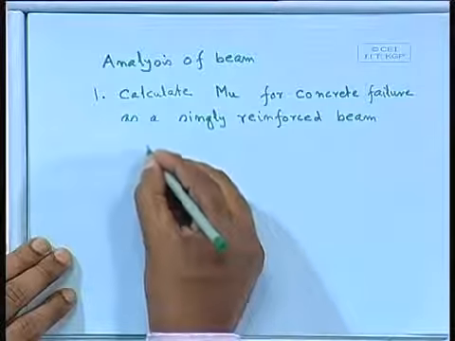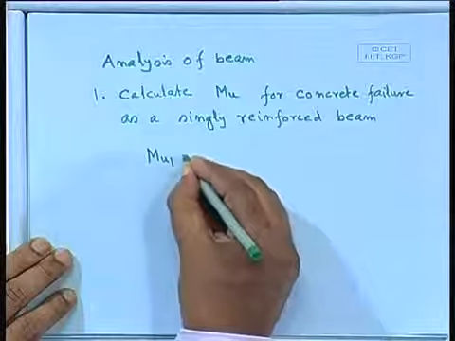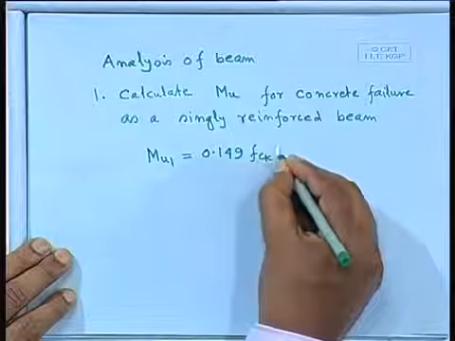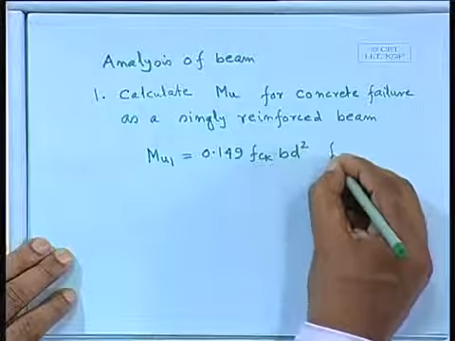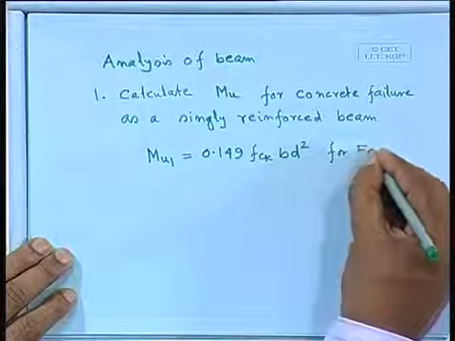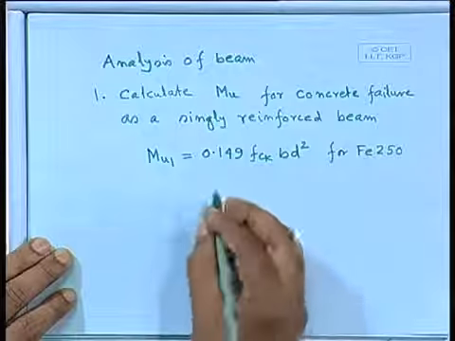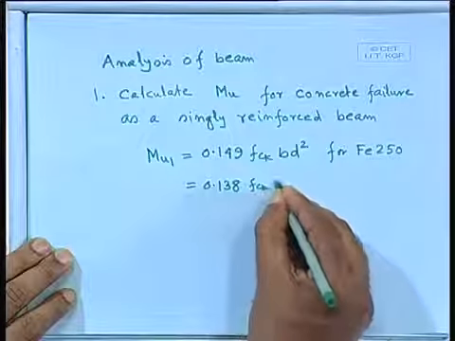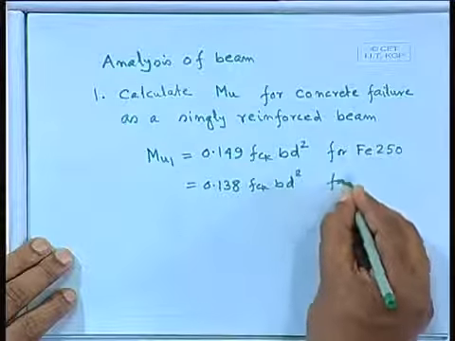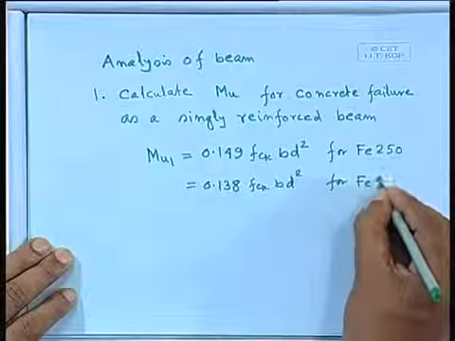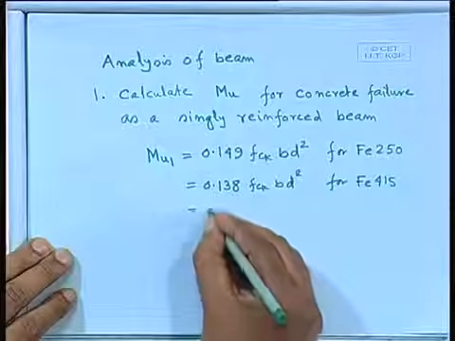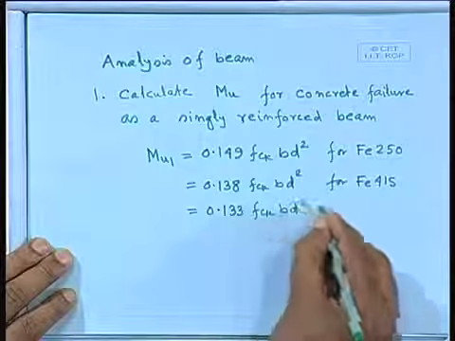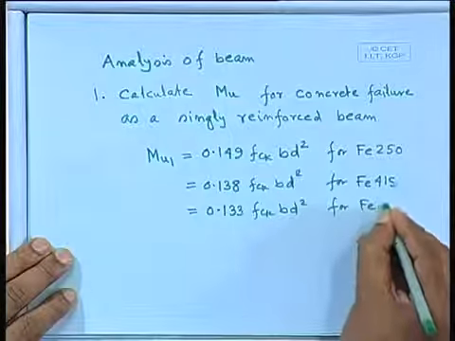We can write down this part as Mu1 equal to 0.149 fck bd square for Fe250, equal to 0.138 fck bd square for Fe415, equal to 0.133 fck bd square for Fe500.